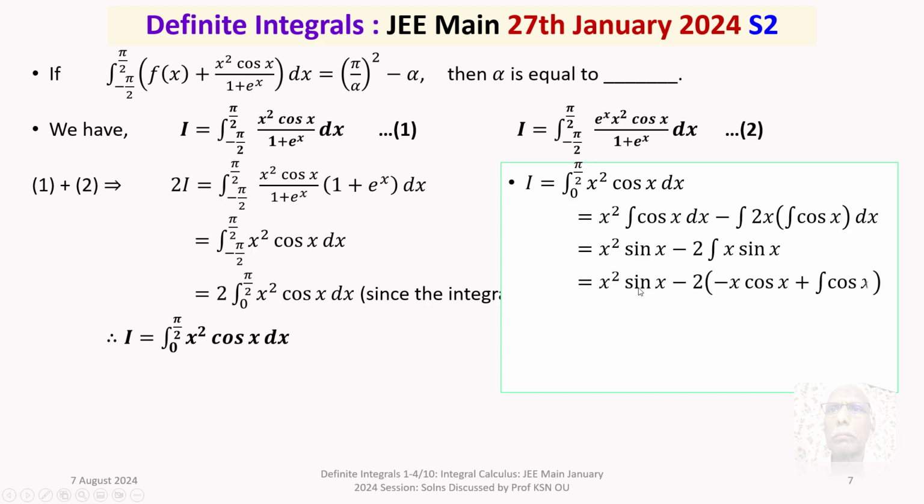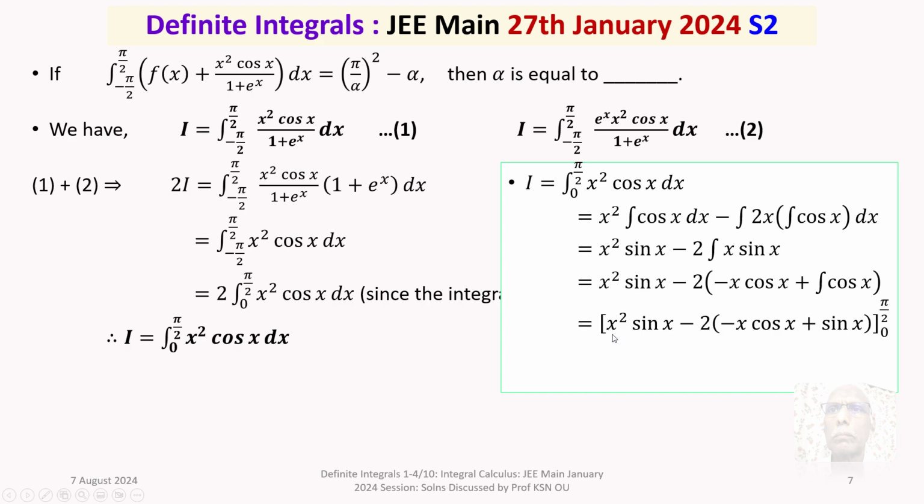Right. Then integrate: minus 2 into integral of x sin x is minus x cos x plus integral of cos x. Again we have used integration by parts, and we got this one. Now evaluate the limits from 0 to pi by 2. This is all integration we have seen, and at the end we have taken the limits.